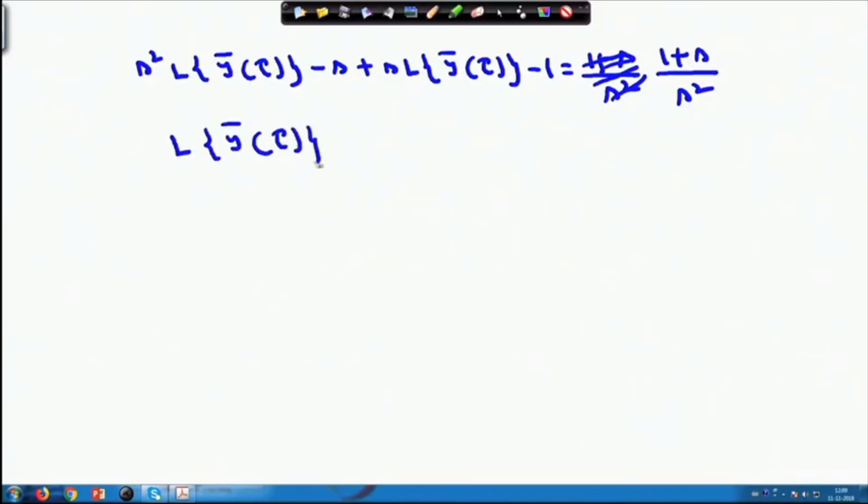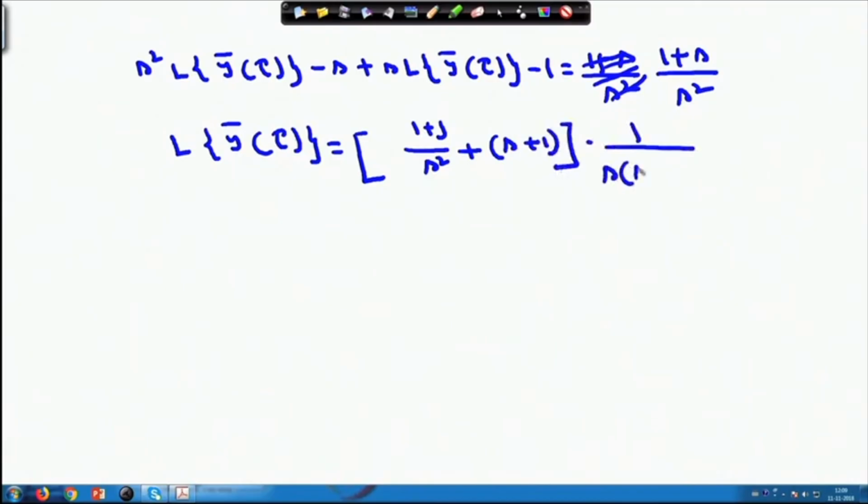The Laplace transform of y bar tau, I can write down as (1 plus s) by s square, plus (s plus 1) into 1 by s into (s plus 1). And from here I can calculate this.